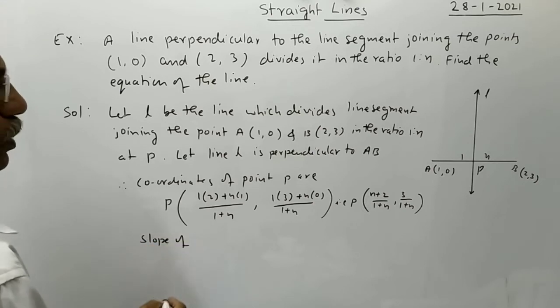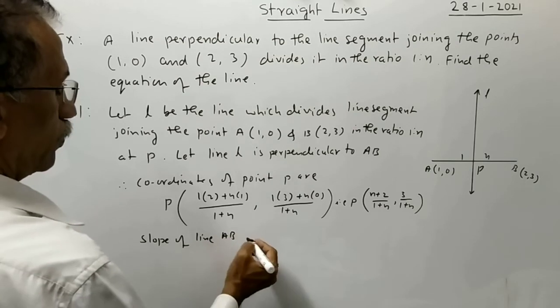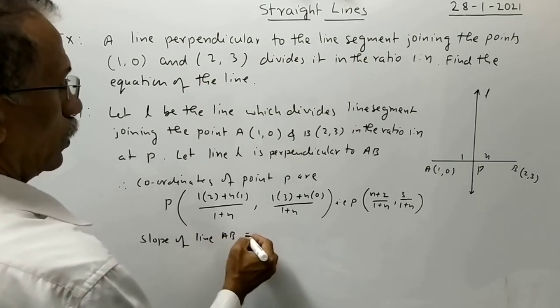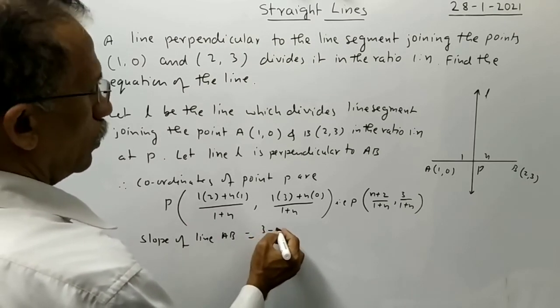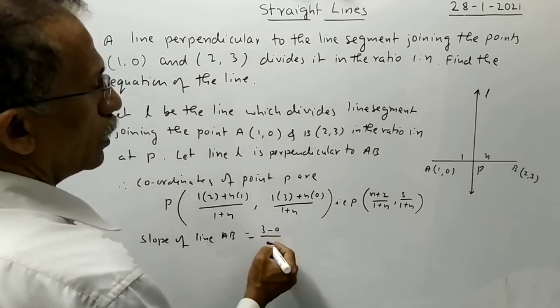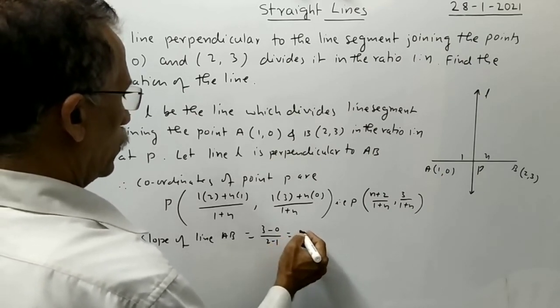Slope of line AB is equal to 3 minus 0 divided by 2 minus 1, which is equal to 3.